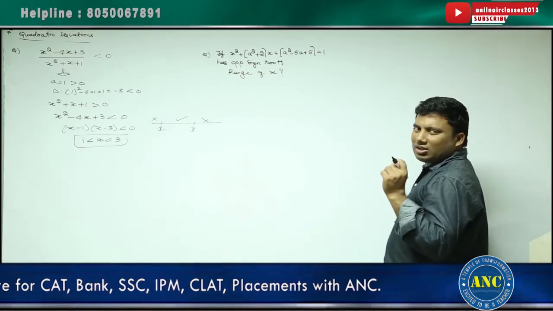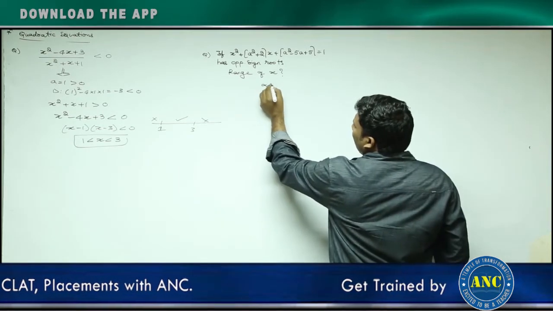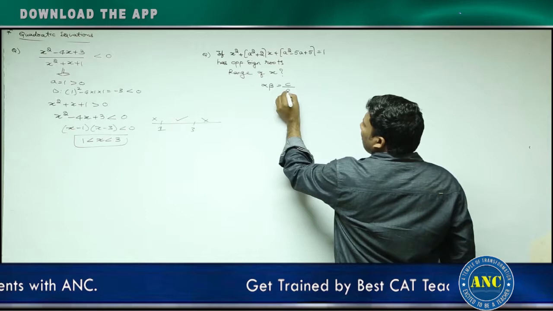Now, first thing that should strike you immediately when it is opposite sign roots is product of the roots is c by a.